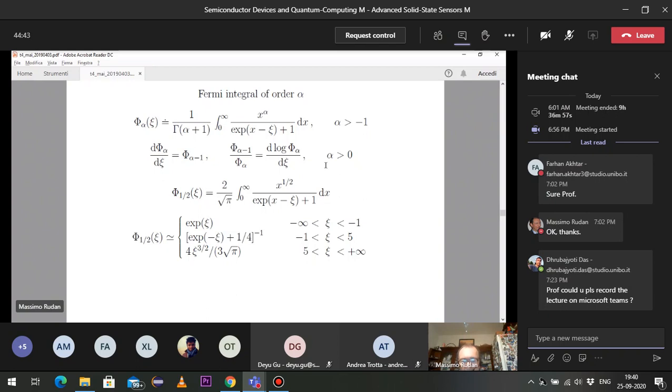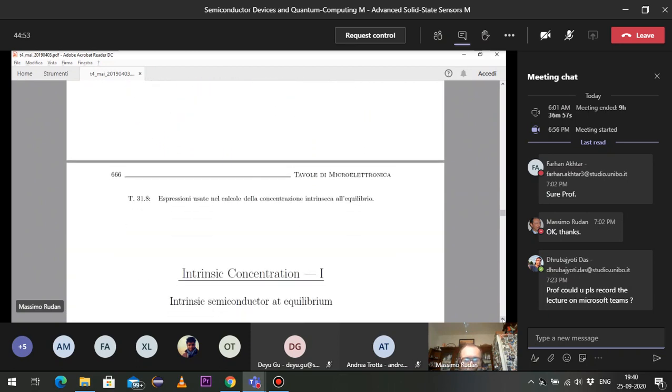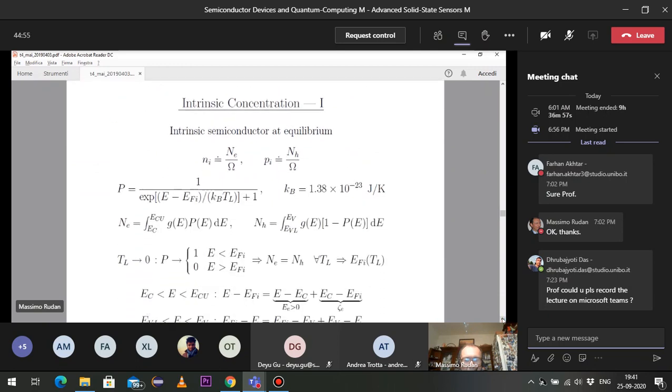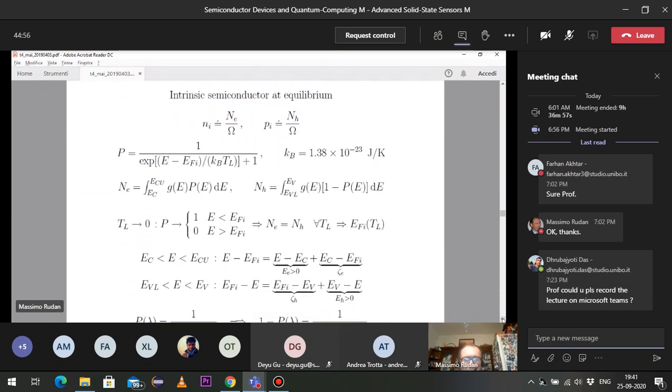After defining the Fermi integrals, we can exploit them to calculate the concentration of the electrons in the conduction band and the concentration of the holes in the valence band. Remember, we are considering a pure semiconductor, okay? A pure semiconductor is also called intrinsic.